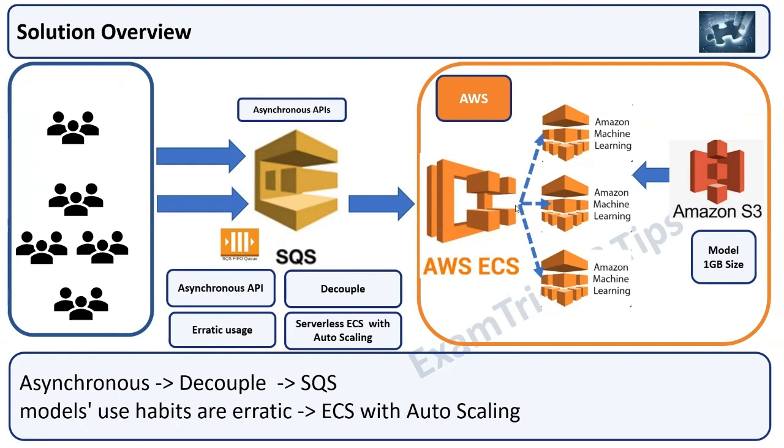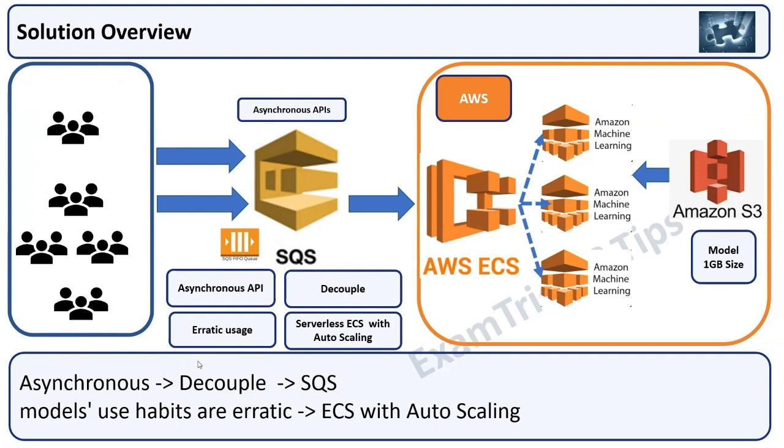And I think this will provide us an optimal solution in terms of decoupling the overall solution and making sure that we solve the situation where a lot of asynchronous API requests are being made. And we also solve the issue around erratic usage from different users and the imbalanced load each of the models are getting. So I think this will be the overall premise of my solution.